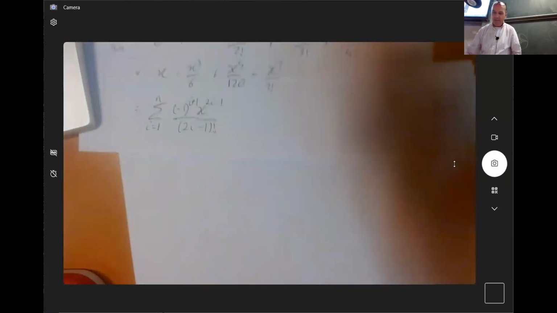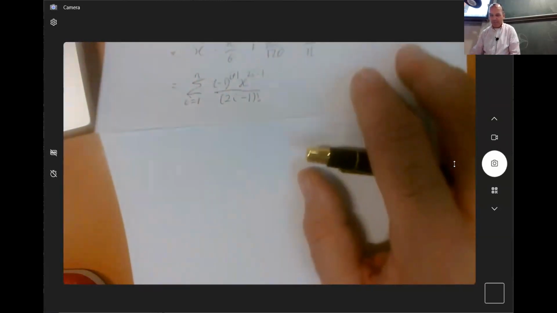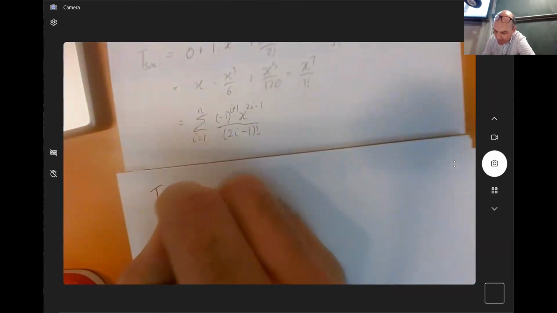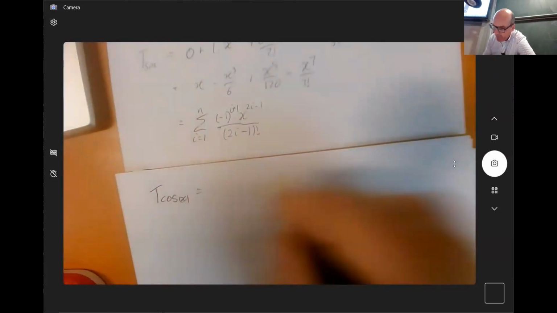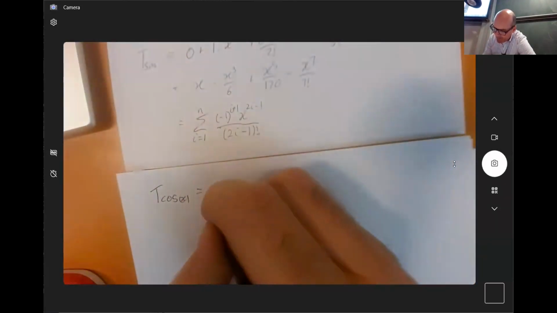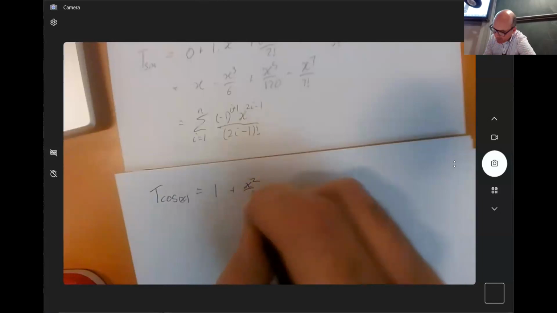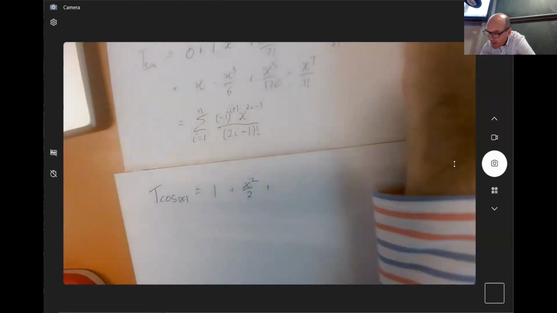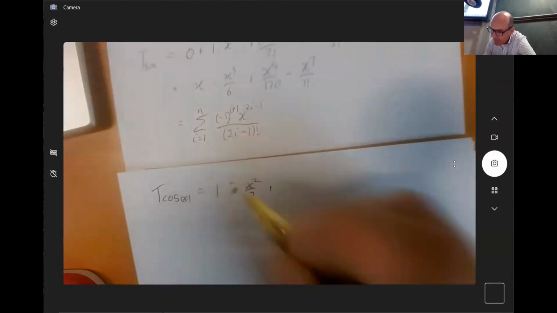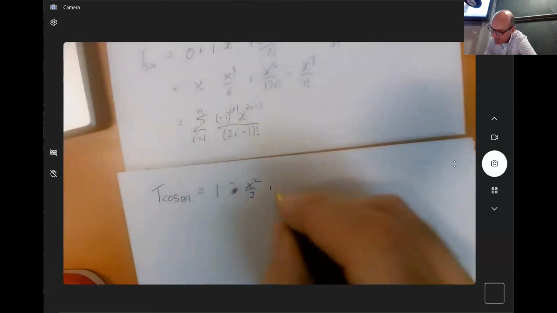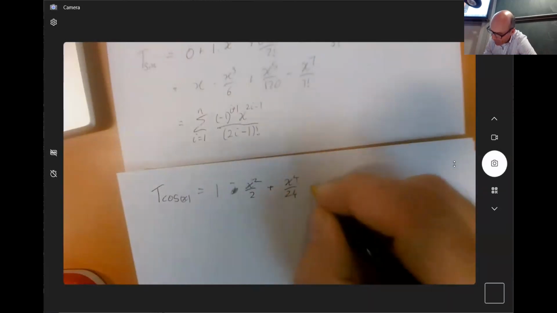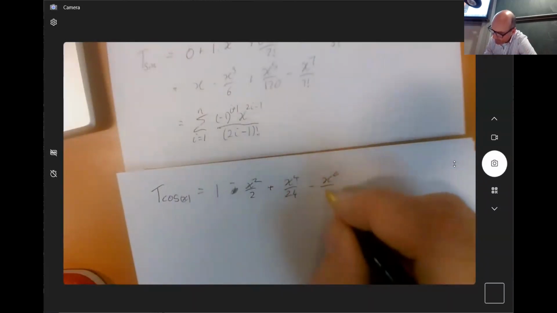If I was to do the Taylor polynomial for cosine of x, I'm going to start 1 minus x squared on 2 plus x to the 4 on 24 minus x to the 6 on 6 factorial.